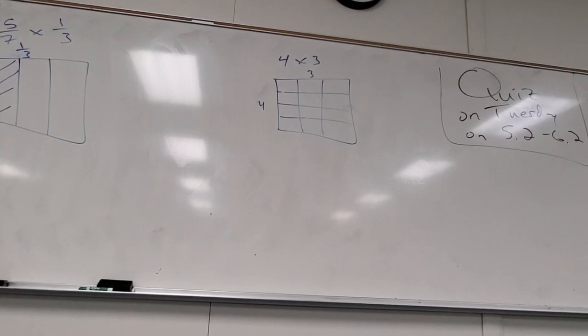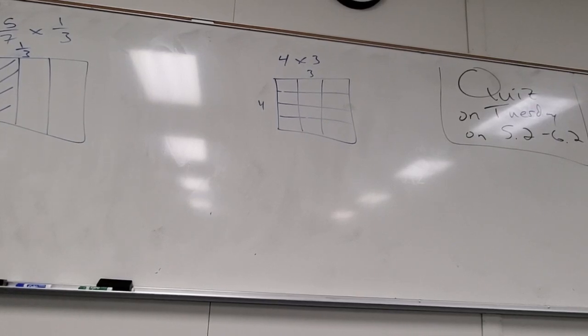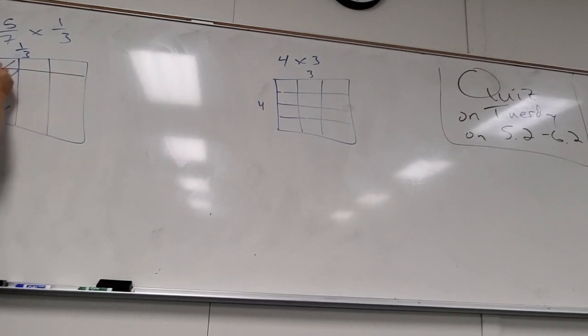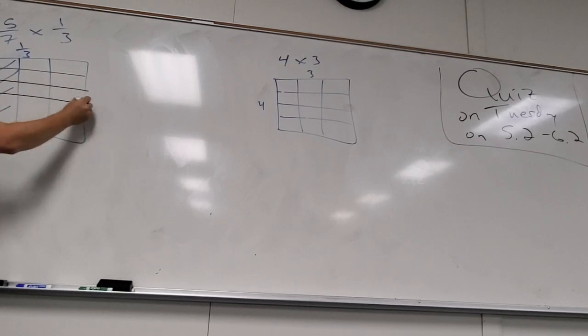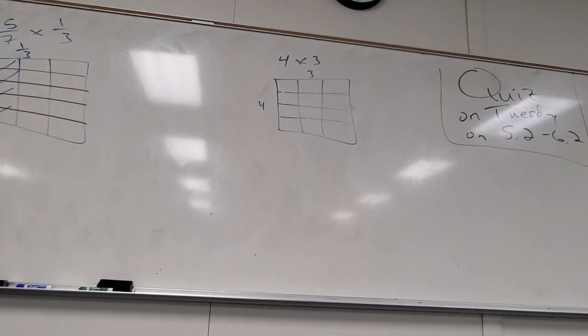Now I want to do 5 sevenths this way. So I am going to cut it into 5 parts.